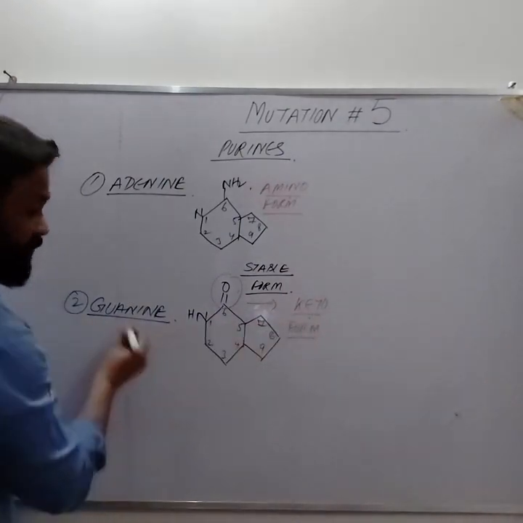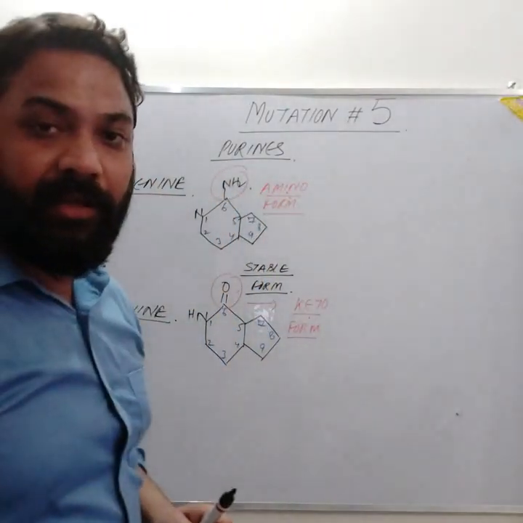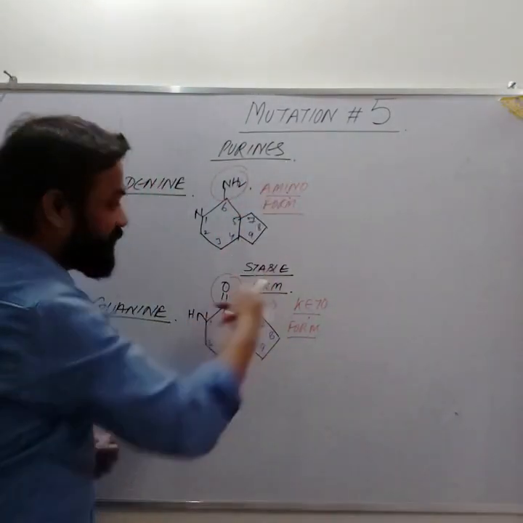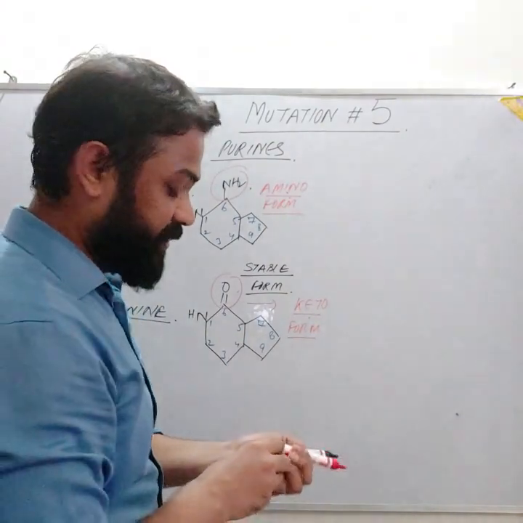So this is the keto form of guanine, and this is the amino form of adenine. Now these two forms are the stable ones. Now what happens during tautomeric shift?